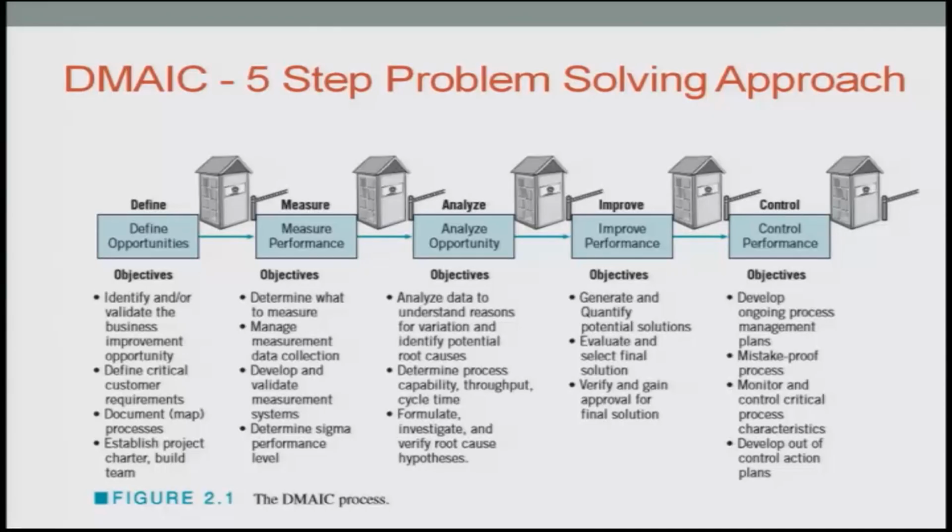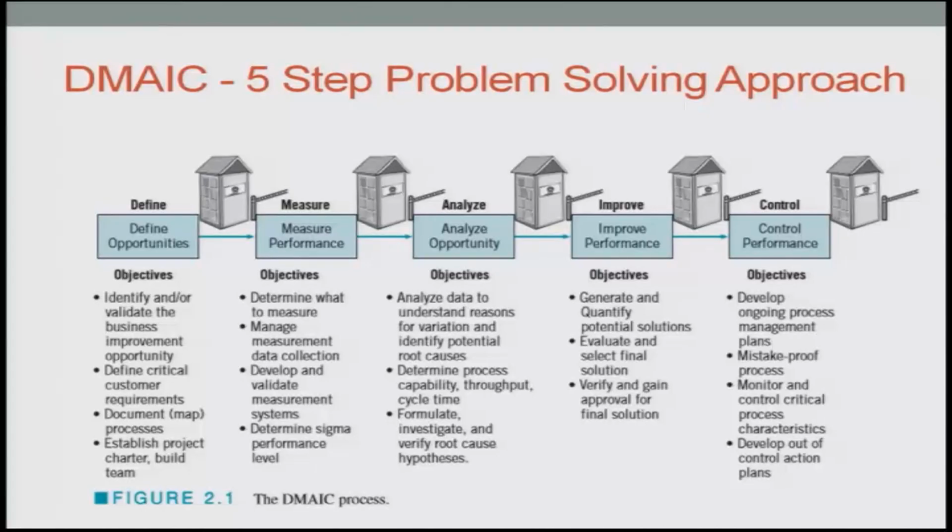You will develop and validate the measurement systems based on which you are trying to study, and you will determine the sigma performance level, whether plus minus 1 sigma or plus minus 2 sigma or plus minus 3 sigma, based on what is actually practically possible given the overall motivation level which you have. Then you will try to analyze.